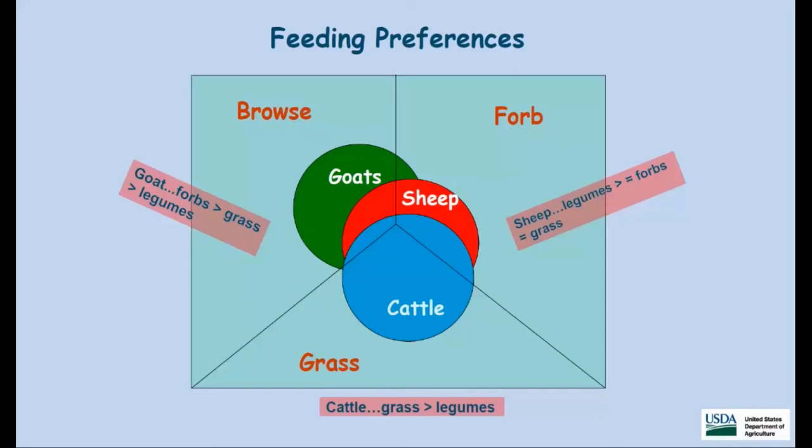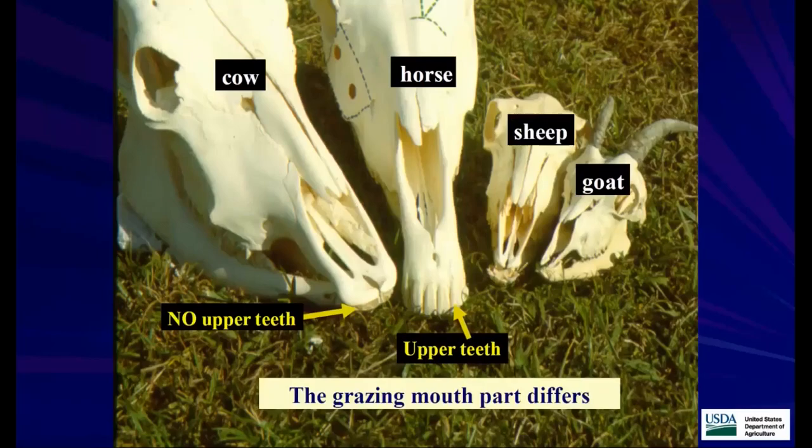Now, some of this is based upon the structure of their mouth. So ruminant animals have no upper teeth. They have what is called a dental pad in the front of their mouth, and they have teeth on the bottom. So when they're grazing, what they do is they wrap their tongue around the grass and rip it off with their bottom teeth.